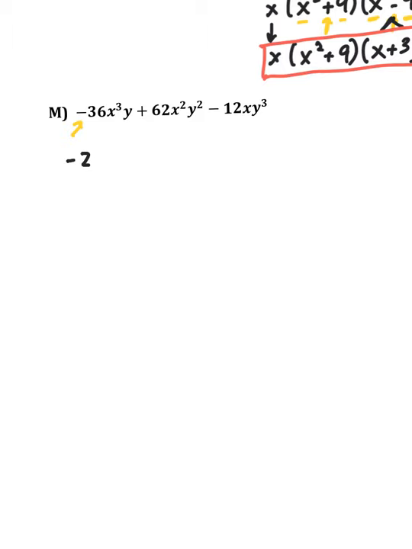How many x's do they have in common, right? x to the third, x squared, and x would leave us with only one x in common. And how many y's in common? 1y, y times y, and y times y times y. So only one y in common. Negative 2xy should be your GCF.